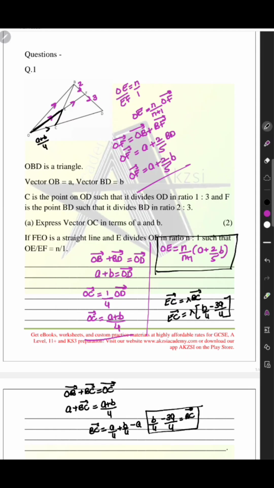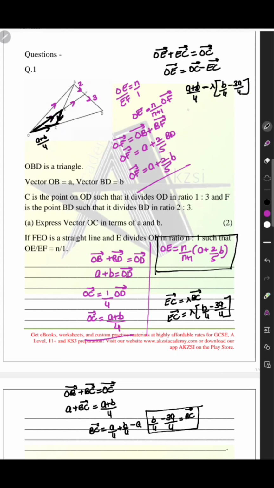Taking this triangle OE, I can apply the triangle law of addition, which is O to E plus E to C is equal to O to C. So O to E we have to calculate is equal to O to C minus E to C. So O to C is A plus B by 4 minus E to C. E to C we just calculated as lambda times B by 4 minus 3A by 4.